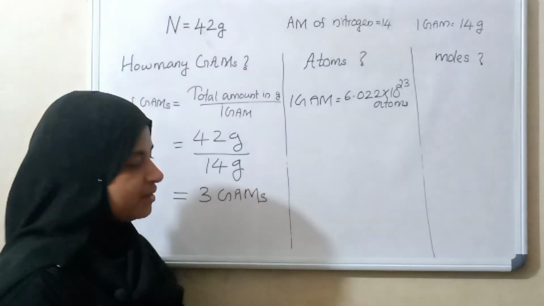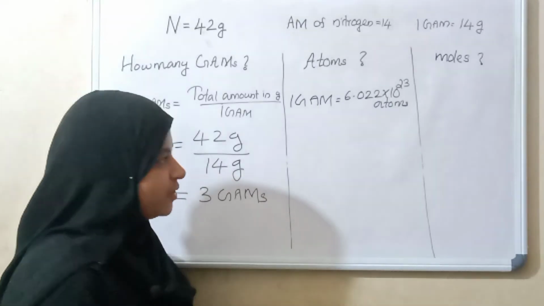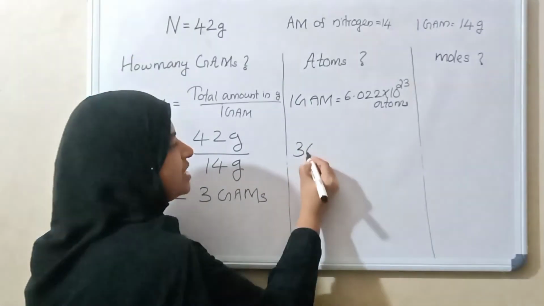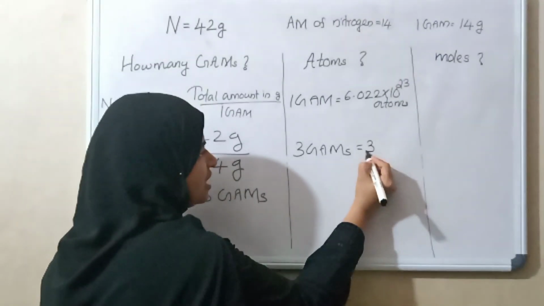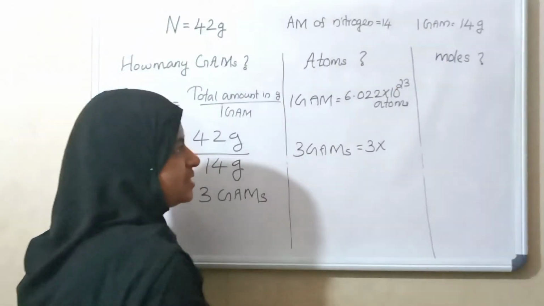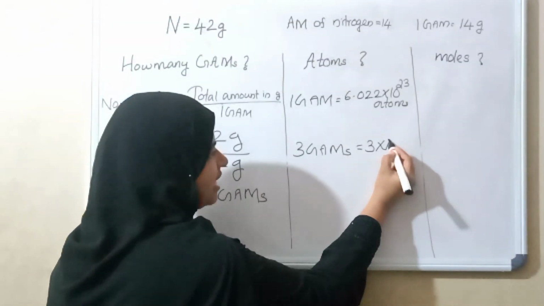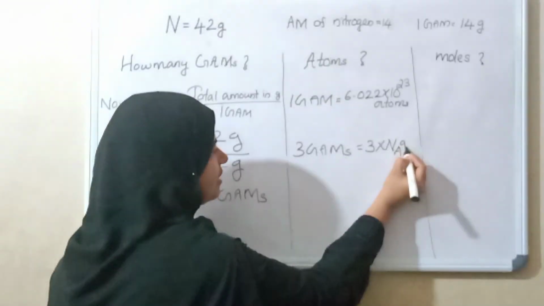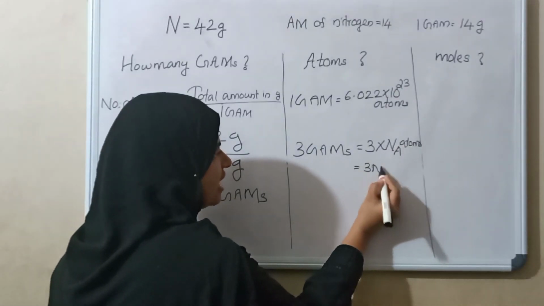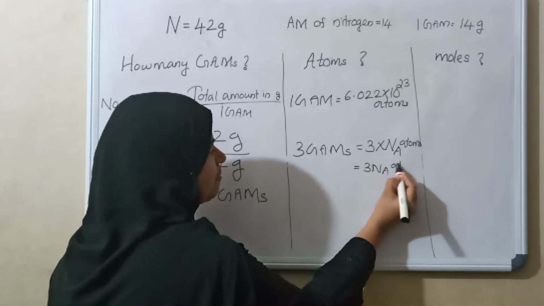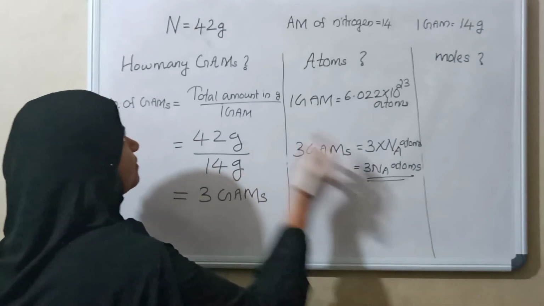Here we already found that 3 GAMs are present. Therefore, 3 GAM equal to 3 × 6.022 × 10^23. We can write it as Na, that is Avogadro number, atoms. That is, 3 Na atoms are present in 42 gram of nitrogen.